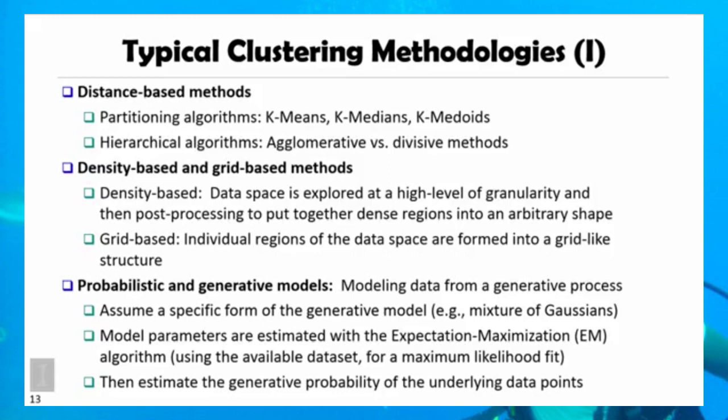Then we can model parameters using an expectation maximization algorithm that we are going to introduce. Based on the available data sets, we may try to find the maximum likelihood fit. Based on this fit, we will be able to estimate the generative probability of the underlying data points. And based on this, we may find the models.